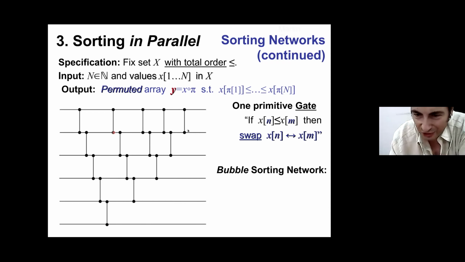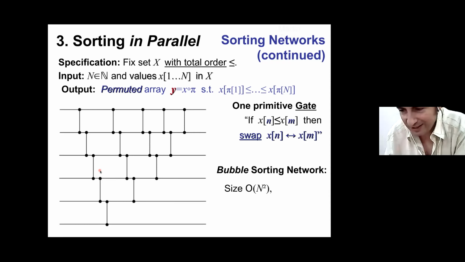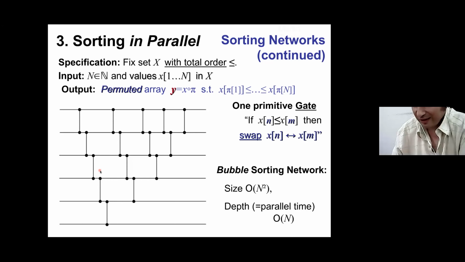So this network is the sorting network of the bubble sort. We saw that the complexity of the bubble sort is quadratic, so the size in terms of the number of gates is O of n squared.